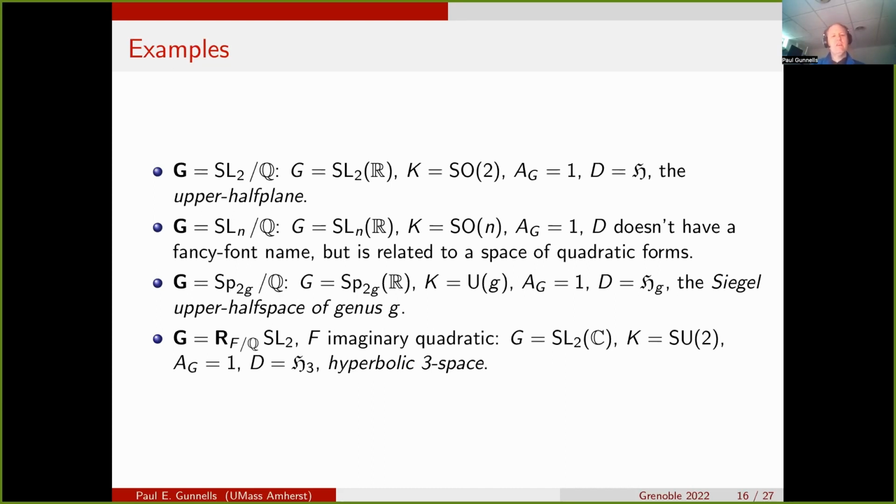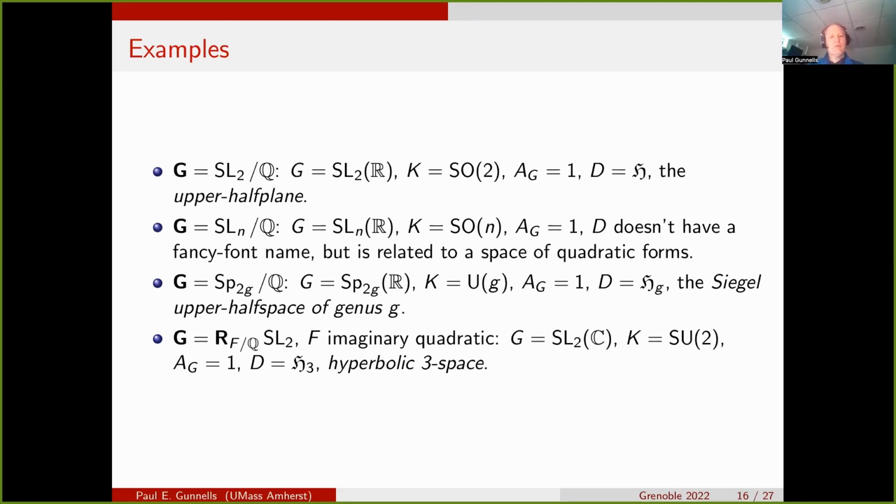If you generalize this to bigger N, you just get SLNR for your Lie group and SON for the maximal compact subgroup. The symmetric space doesn't have such a standard name, but it does have an interpretation, as we'll see later. It's related to a different way of thinking about it than just the quotient G divided by K: a space of positive definite quadratic forms in N variables.